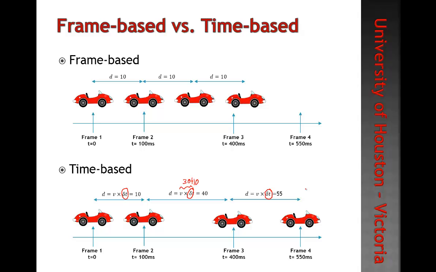That being said, in many situations, we might be able to just get by with frame-based movement when we are not really too interested in accuracy, but rather in efficiency in terms of how fast our application runs. So we don't want to do these complicated computations of multiplying values by each other.